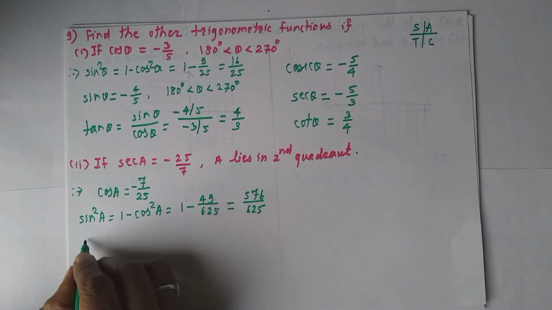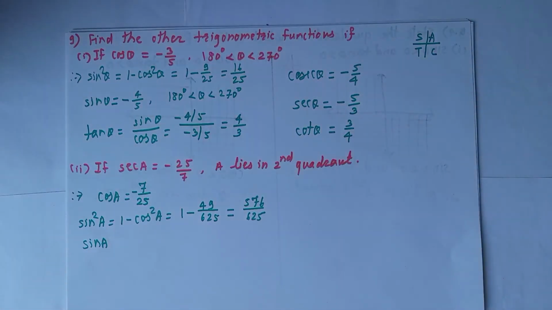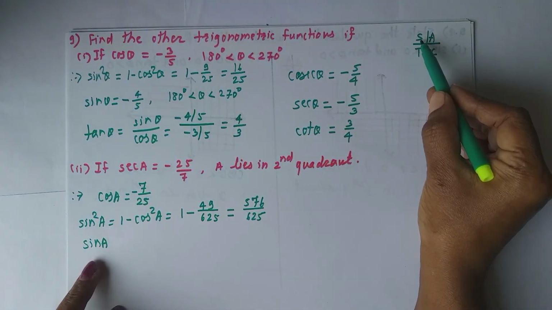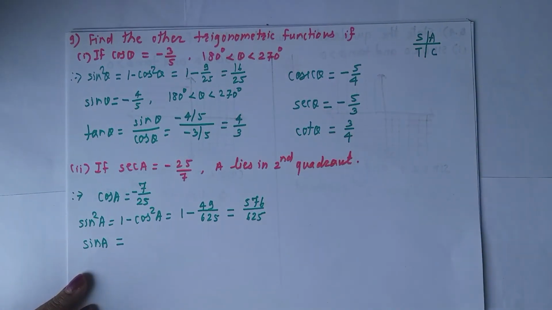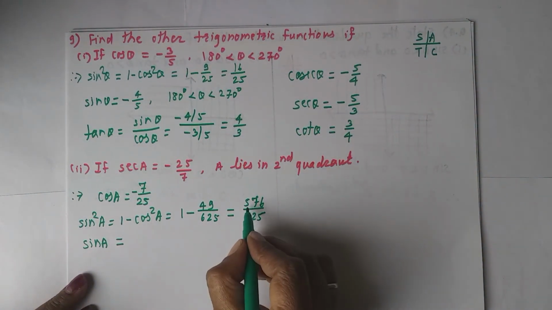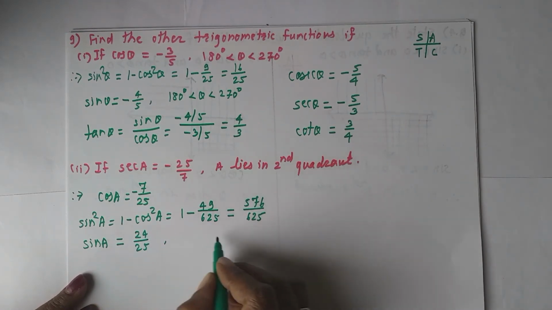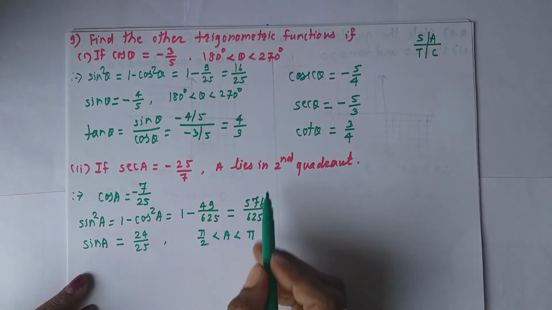Now I will take the square root and see here again using the rule, A lies in the second quadrant. We know that in the second quadrant sine is positive. Therefore for taking the square root I will take the positive value. Square root of 576 is 24 divided by 25, and you write down as A lies in the second quadrant. Second quadrant means pi by 2 to pi.